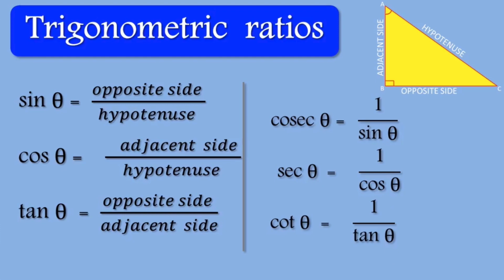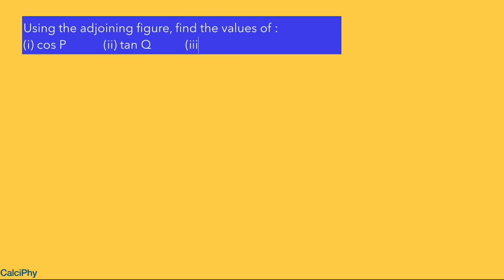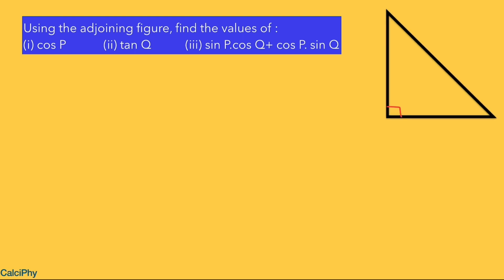Let's just solve a numerical based on it and check our understanding. Using the adjoining figure, find the values of cos P, tan Q, sin P into cos Q plus cos P into sin Q. To find these values, firstly, we should know the lengths of the sides of this right angle triangle.